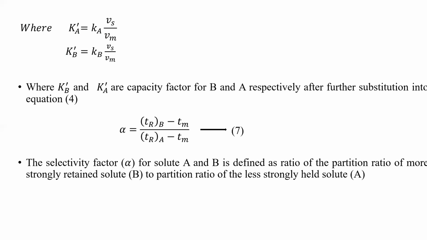After further substitution into equation 4, alpha equals TRB minus TM divided by TRA minus TM. The selectivity factor alpha for solutes A and B is defined as the ratio of the partition ratio of the more strongly retained solute B to the partition ratio of the less strongly held solute A.